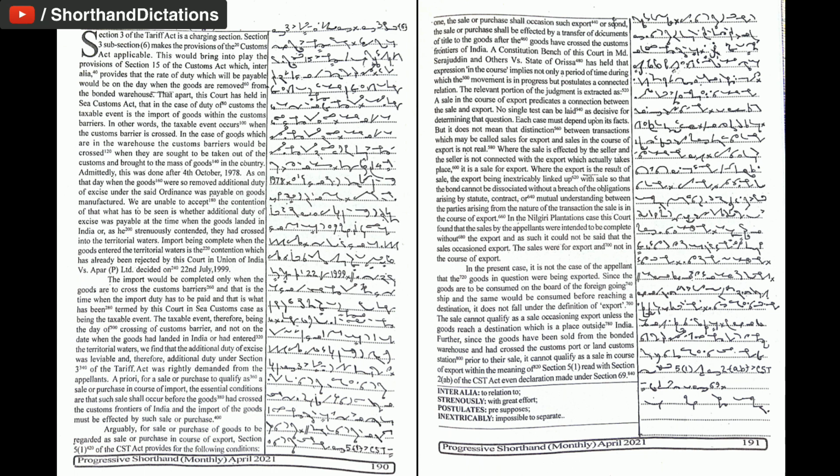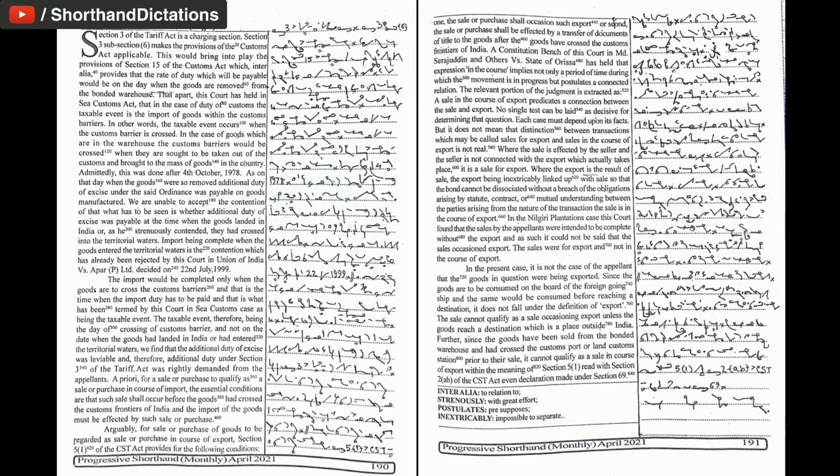A constitution bench of this court in Muhammad Sirajuddin and others versus State of Odisha has held that the expression 'in the course' implies not only a period of time during which the movement is in progress but postulates a connected relation. The relevant portion of the judgment is extracted: a sale in the course of export predicates a connection between the sale and export.